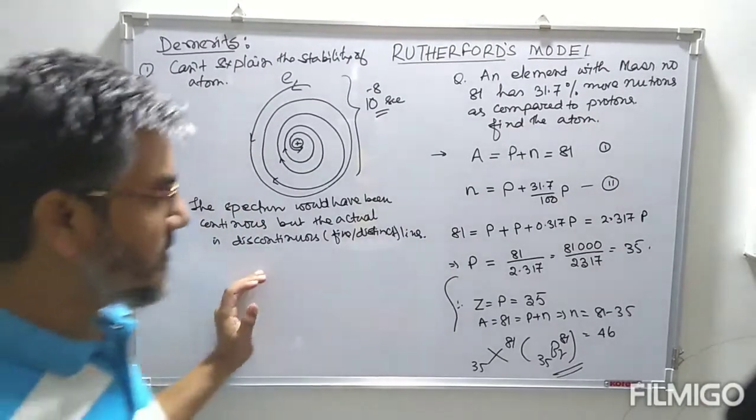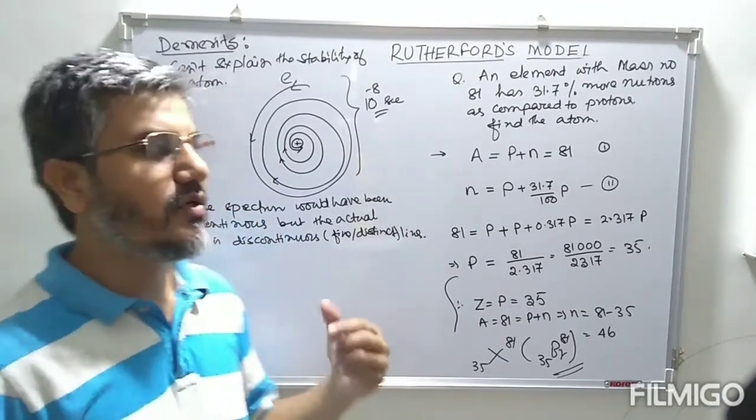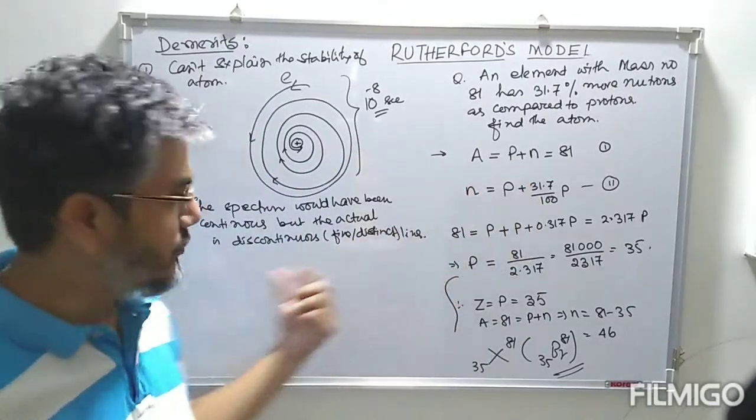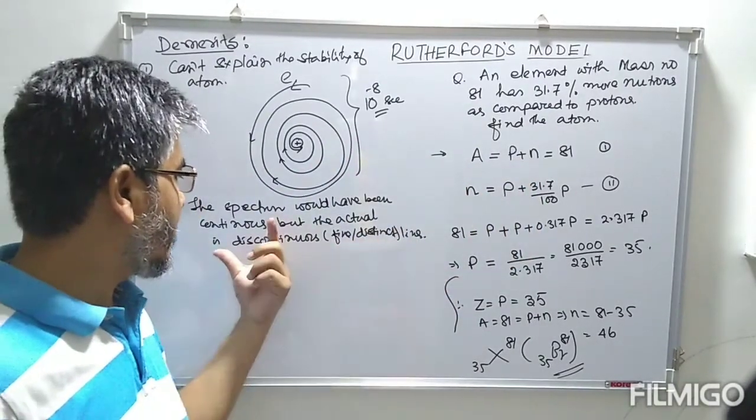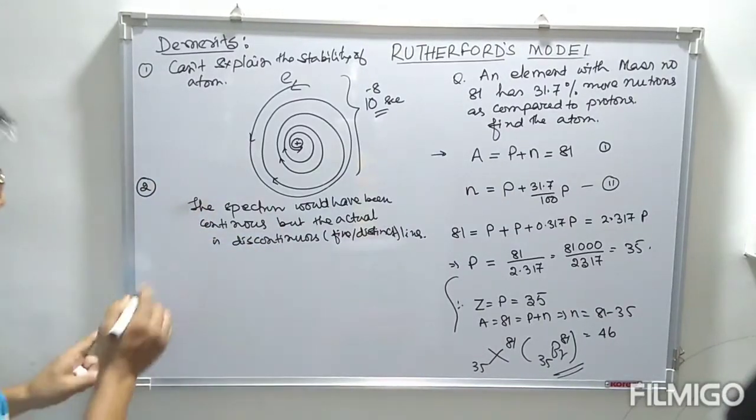So these theories could explain why the spectrum contains distinct lines, but according to the model, this should happen as a continuous spectrum. So these two again differ.